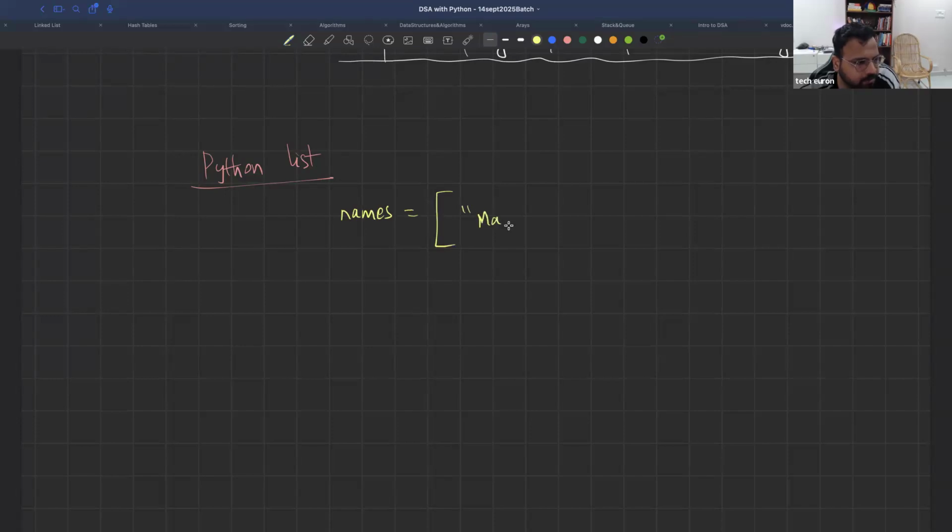I'm having names as maybe Manas, and then Imran, and then Saif. So if we want to create an array of Manas, Imran, and Saif, is that possible? Because Manas has 5 characters, so definitely the size of Manas is different. Imran also has 5 characters, but Saif has 4 characters. So it cannot be stored in a list typically the way we are imagining. Although it is of the same data type, our assumption is that every cell has to have the same size. Is it possible?